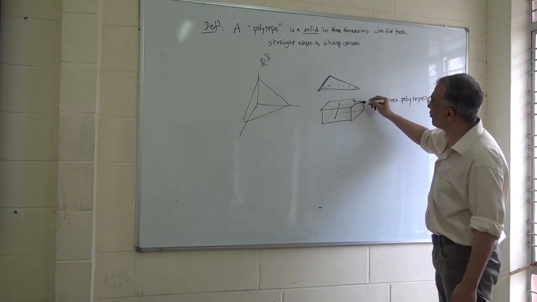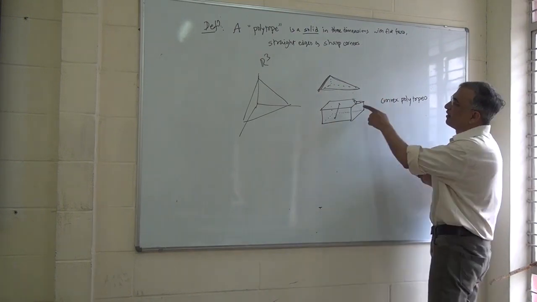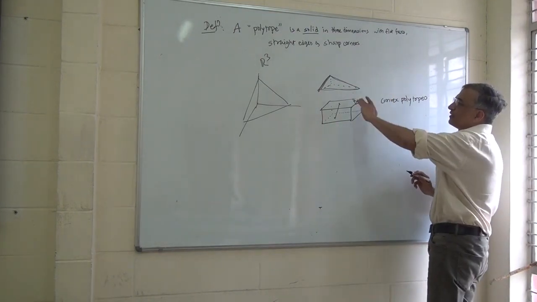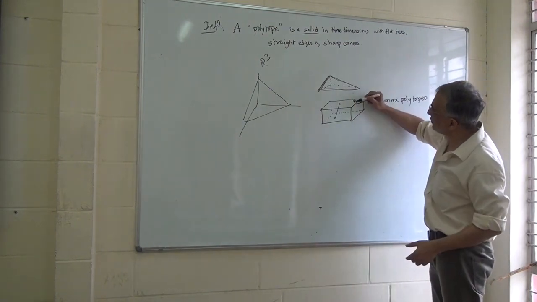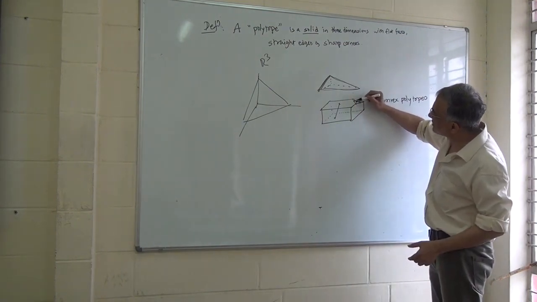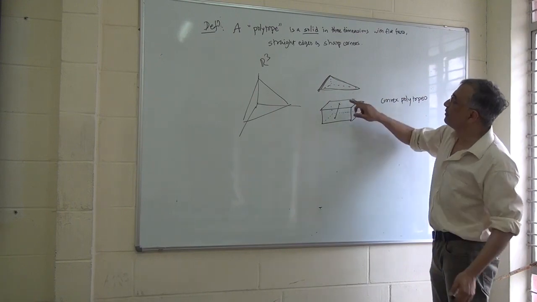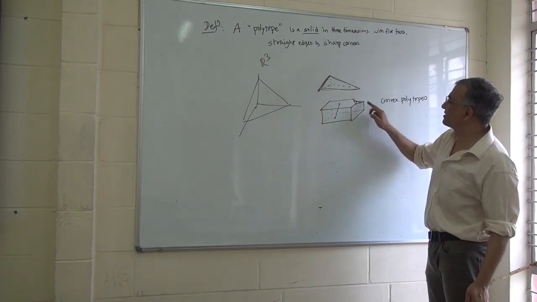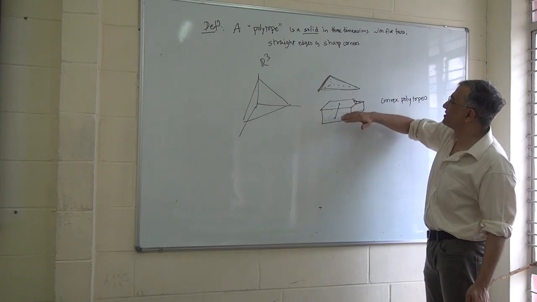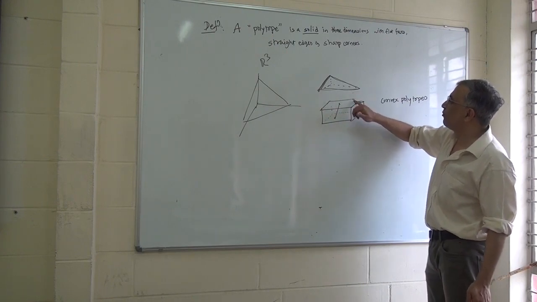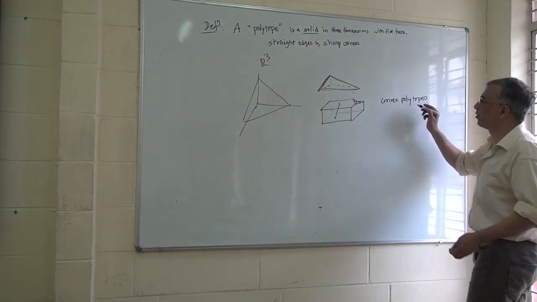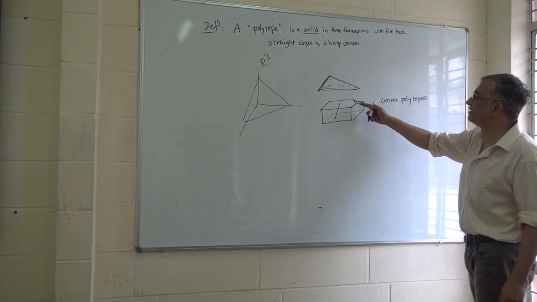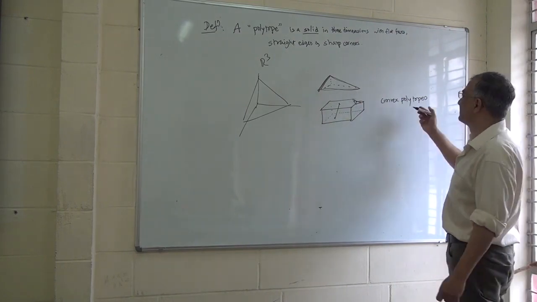Then if I take these 2 points and draw a line between these two, it is outside this polytope. As a polytope, this still has flat faces, straight edges and sharp corners. But if I draw a line joining here, it goes outside the solid. So a convex polytope is where it does not happen. In a cube or in a tetrahedron, it does not happen.